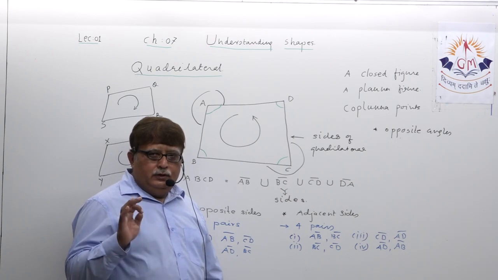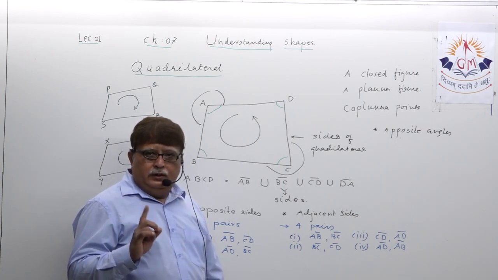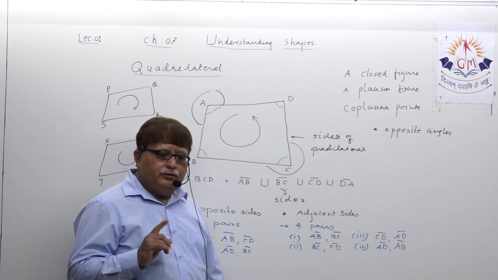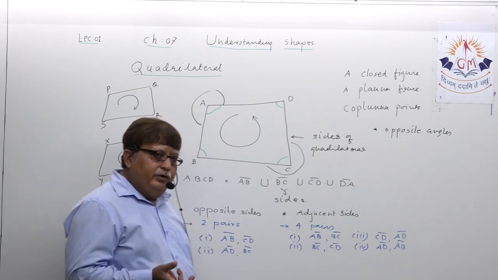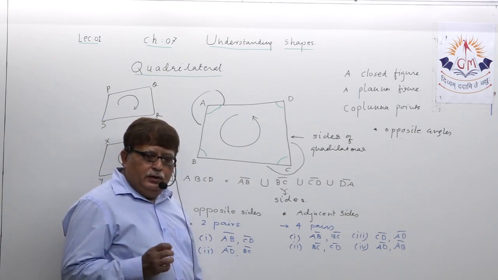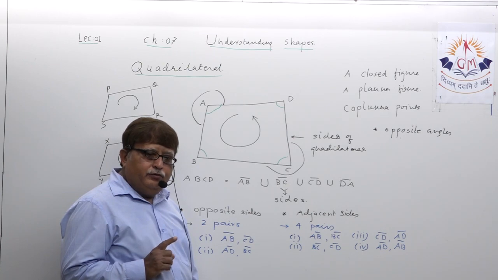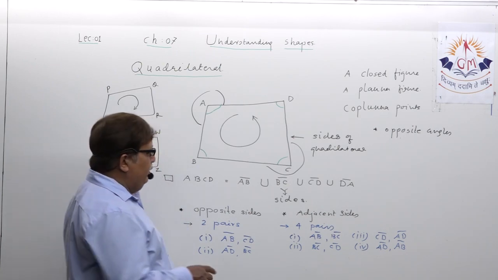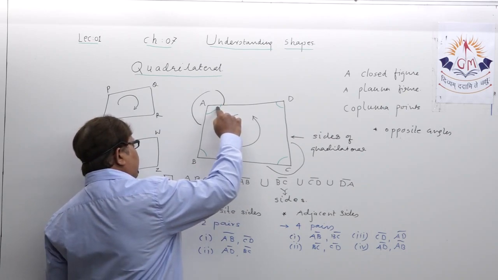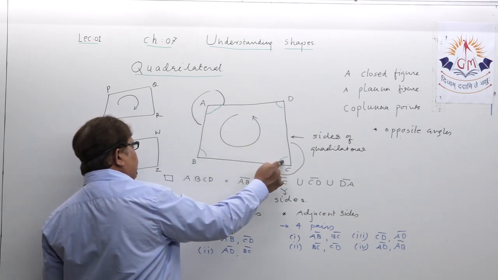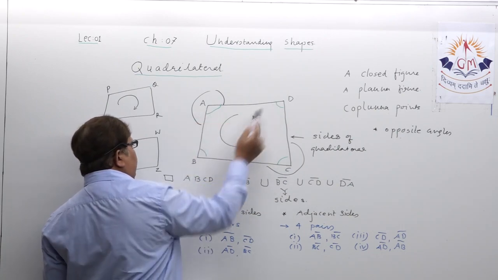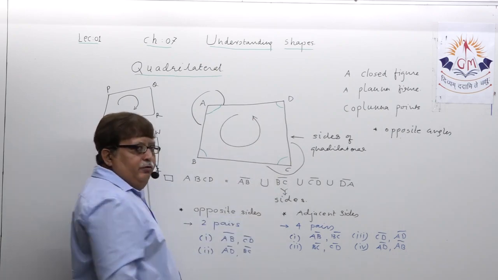You understood? Two angles having no arm common are known as opposite angles. Obviously, a quadrilateral has how many pairs of opposite angles? So, dear student, first pair, angle A, angle C. If you want to speak the full name, BAD, BCD, that way also you can speak.